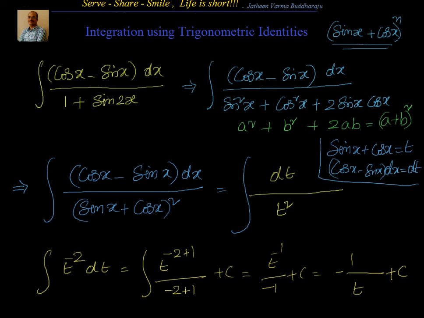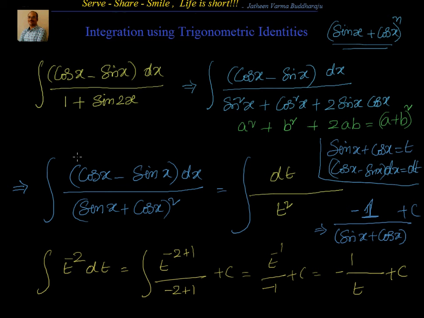Now my t is nothing but sin x plus cos x. So the answer will be minus 1 by sin x plus cos x plus c. That should be the answer we have to look into.